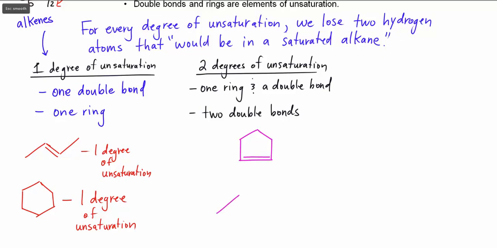And I can have a straight chain molecule with 2 double bonds. 1 double bond is 1 degree, the second double bond makes a 2nd degree. So both of these cases represent 2 degrees of unsaturation.